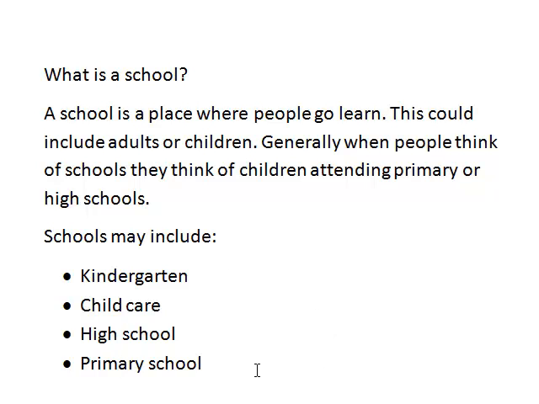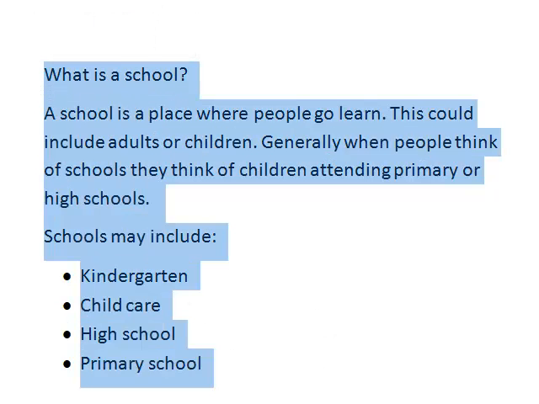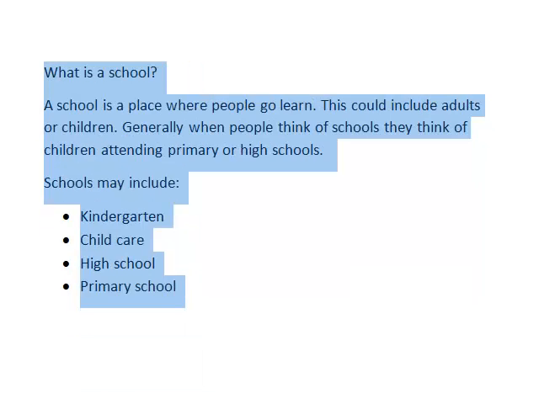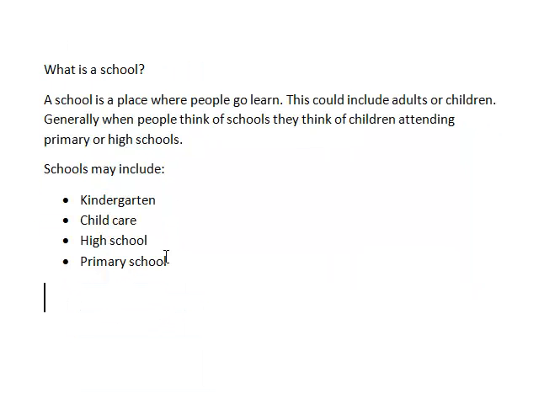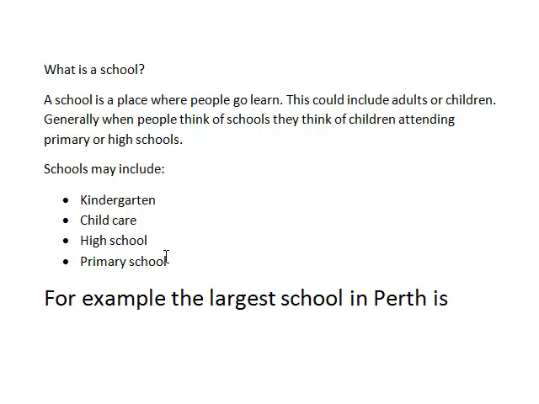So right underneath that, let's make this a little bit smaller so we can fit it. I'm trying to film this so that the resolution doesn't change, so that you can easily view what I'm writing without it going all fuzzy. So underneath that, I might even have a more specific example. For example, the largest school in Perth is, and I'm just making this up, Rainbow High School.